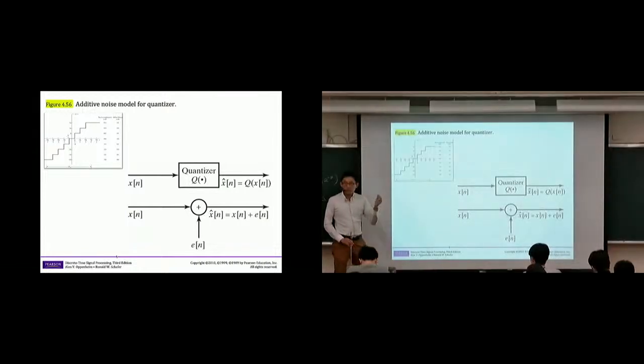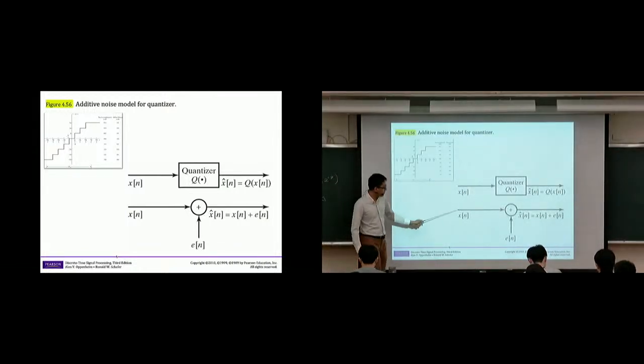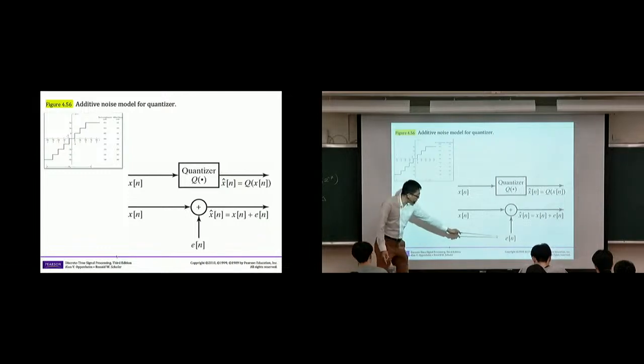We want to think of error as what is shown in this diagram. Let's take a look. This diagram shows that when we perform quantization, you can think equivalently as if we have a signal, and then we are introducing error. That's the key message I want you to take home today.